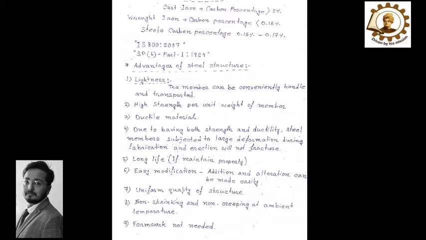The structural steel which is used for construction nowadays has a percentage of carbon of 0.15% to 0.17%. This type of iron is called steel, or we can say structural steel.